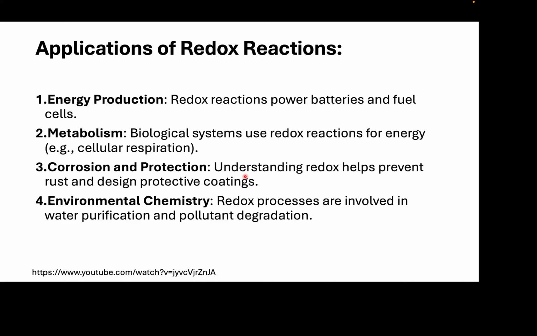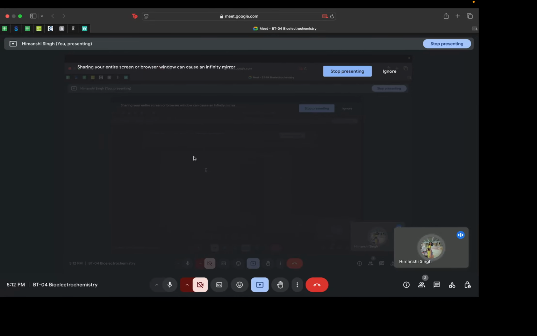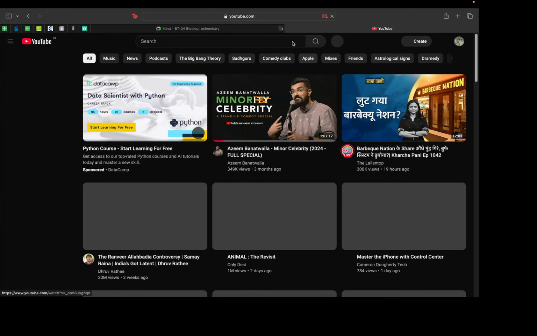Understanding redox helps prevent rust and design protective coatings. Environmental chemistry. Redox processes are involved in water purification and pollutant degradation. We'll see a little bit about what a redox reaction is, how we can use it for our benefit, and what some of the uses are.